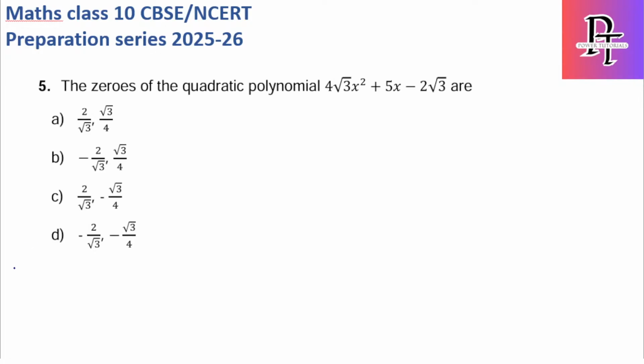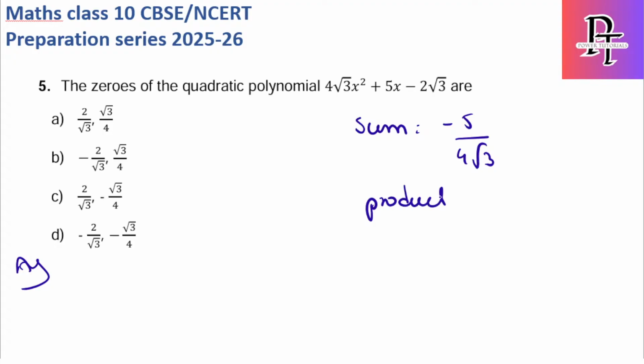Okay, let's see the fifth one. The zeros of a quadratic polynomial. The polynomial is provided and they are asking for its zeros. So for this you can write the sum of zeros. Sum is minus b by a, so it is minus 5 by 4 root 3. What about the product?